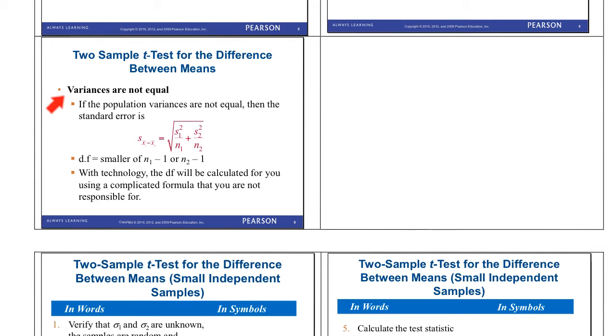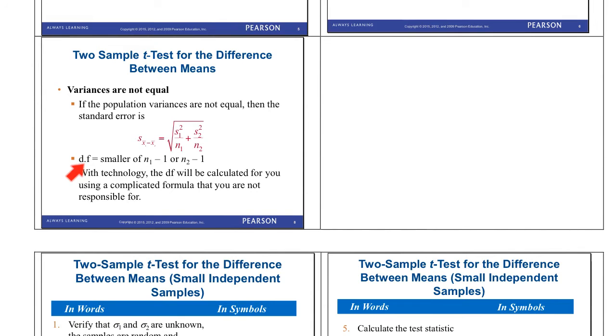So in the scenario of the variances being unequal, the denominator of that test statistic is going to use this equation. It's going to take the square root of the variance from sample 1 divided by n1, plus the standard deviation squared divided by n2 from the second sample. The degrees of freedom: if you remember in the t-test that we did when there was one sample, we just took the degrees of freedom equal to n minus 1.